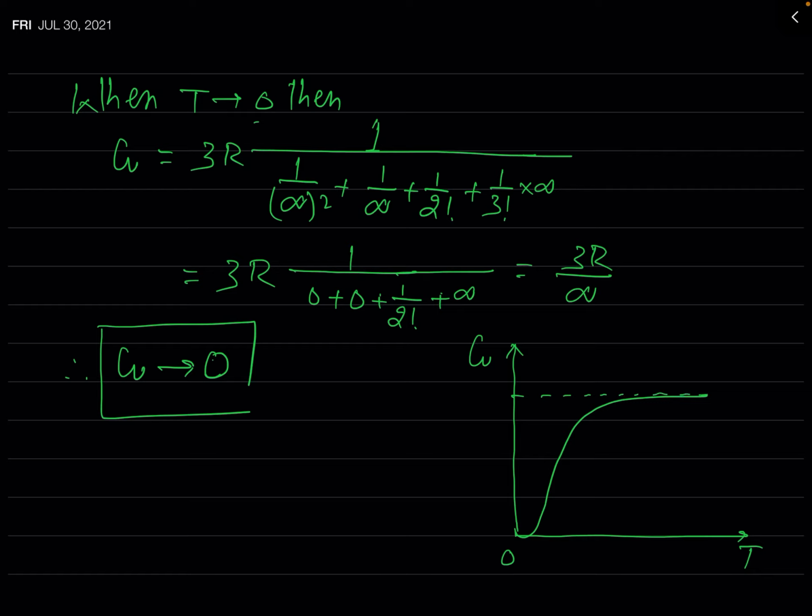In fact, at high temperature this is 3R, and when temperature is very low, that is, you can take here T equal to 0, you can see that Cv becomes 0. So you can say that this result actually agrees with the experimental result.